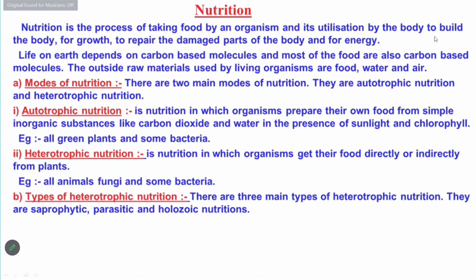So we people are living in the organic world. So organic world usually consists of the carbon based molecule, as well as there are some inorganic materials are also required. So the outside raw material used by the living organism are food, water and air.